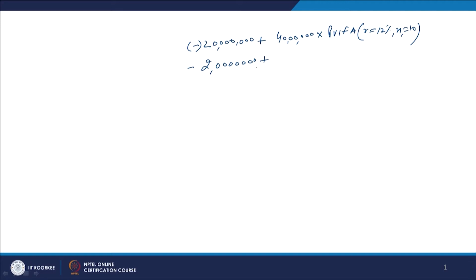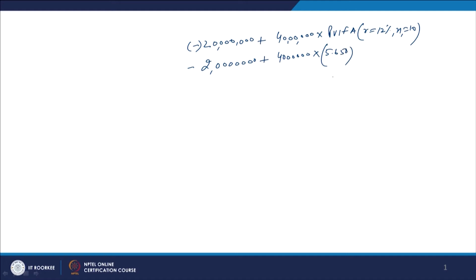So, minus 2 crores plus 40 lakhs into the factor value. When we have seen the table, the value of this factor is 5.650.